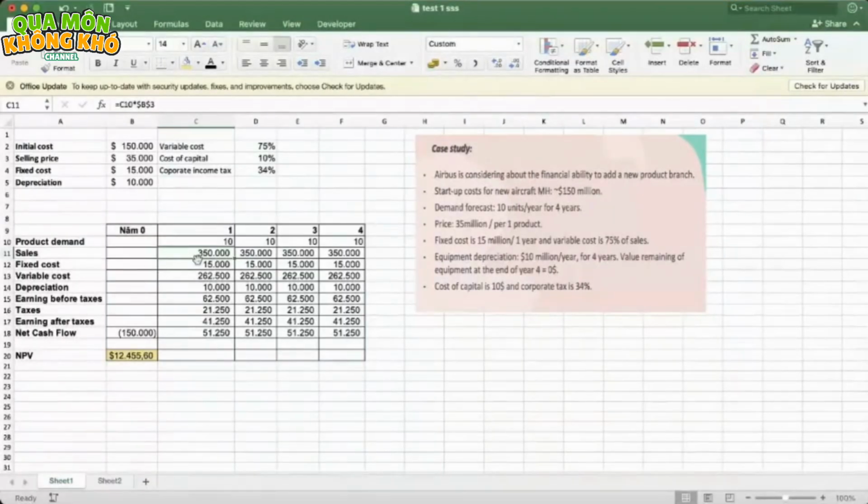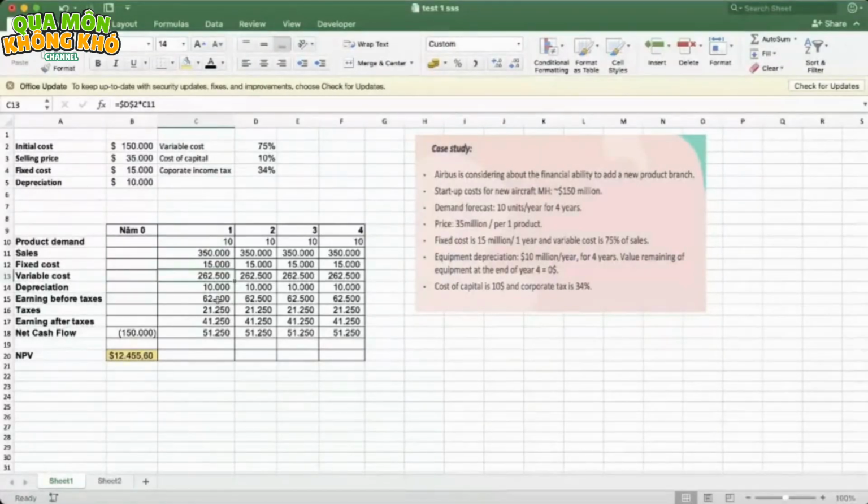Then from the sales, we get the variable cost, which is 75% of total sales. If product demand is 10, the variable cost from the sales is 262.5 million dollars. The depreciation is stable for each year. We can see that in this case study.